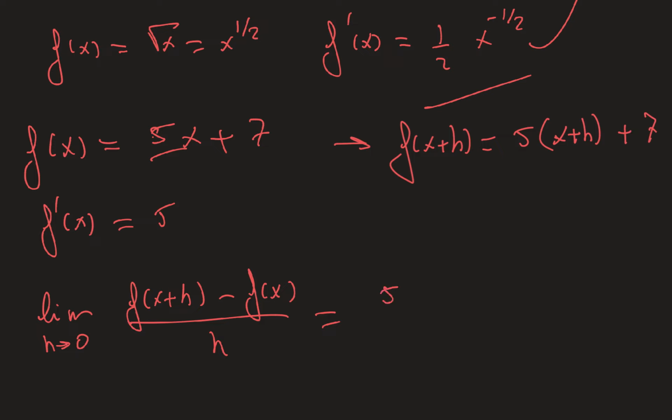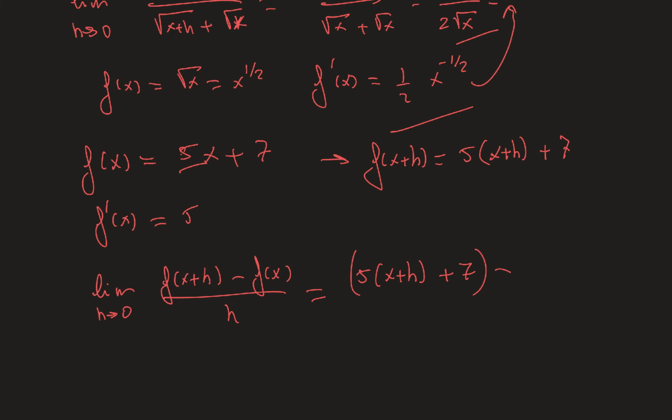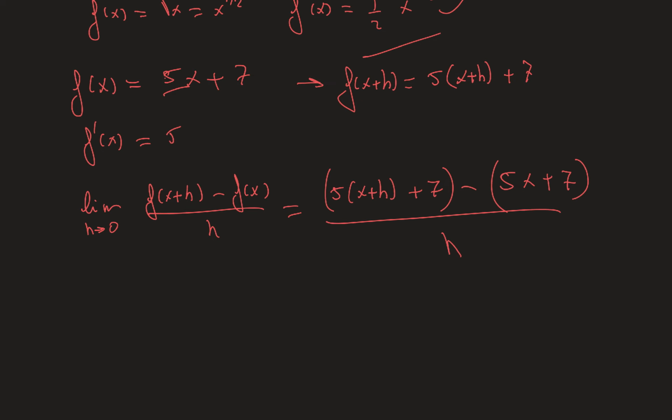So it's 5 times x plus h plus 7, minus f of x. But f of x is 5x plus 7, divided by h. And the limit when h approaches 0.